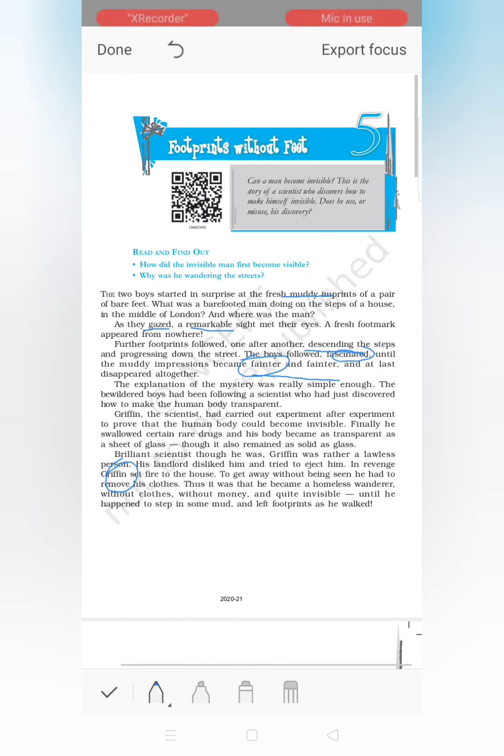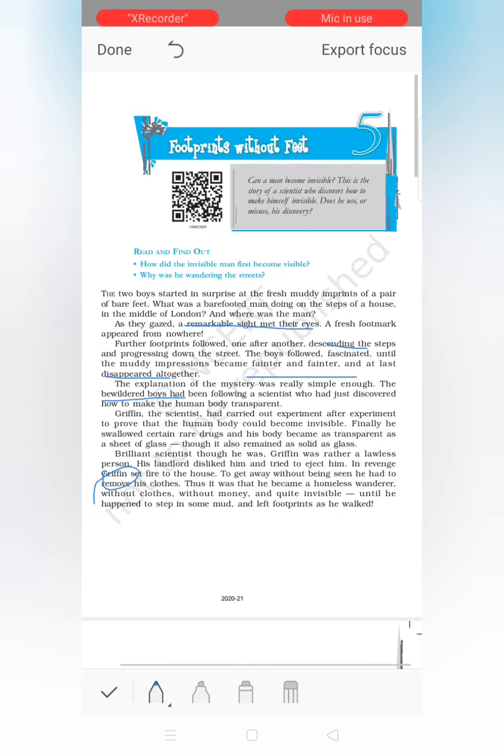Two boys noticed a few muddy imprints of bare feet. Okay, so there are two boys who noticed imprints of bare feet. So the two boys suddenly noticed a few muddy imprints of bare feet.